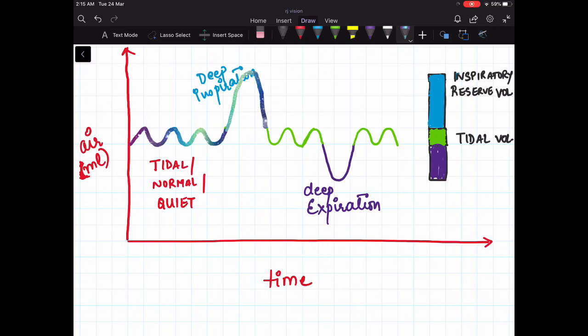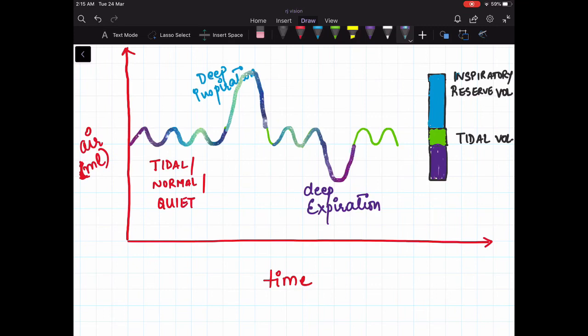You have tidal inspiration, tidal expiration. Tidal inspiration, tidal or normal expiration. And then you're giving out an extra amount of air, that is expiring extra air, because you're doing deep expiration.